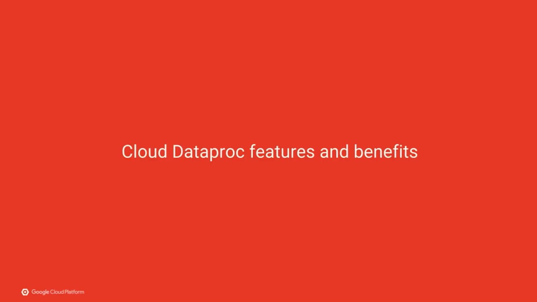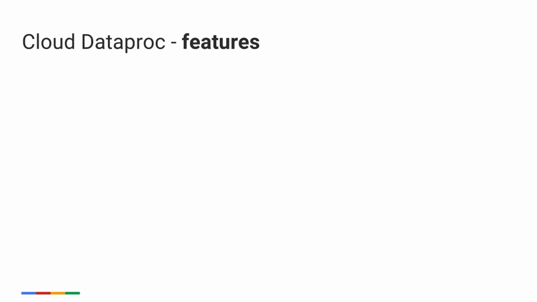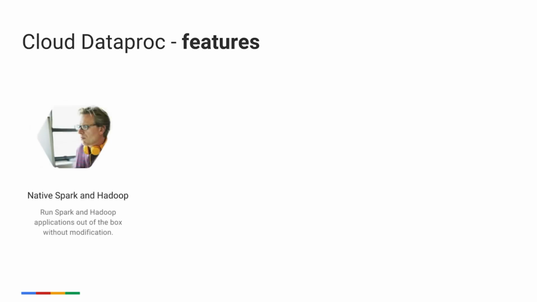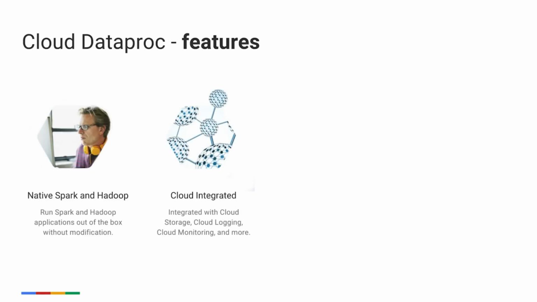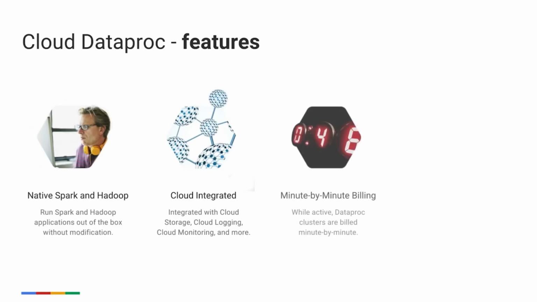Let's look at some of the features and benefits of Cloud Dataproc. Some of the features of Cloud Dataproc are inherent to Google Cloud Platform, and some of them are more specific to Cloud Dataproc itself. But the nice thing, since Cloud Dataproc is solidly built on Cloud Platform technologies, is you get the best of both. In terms of Cloud Platform itself, these are things like per-minute billing.